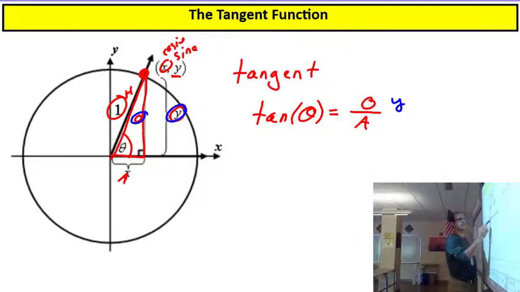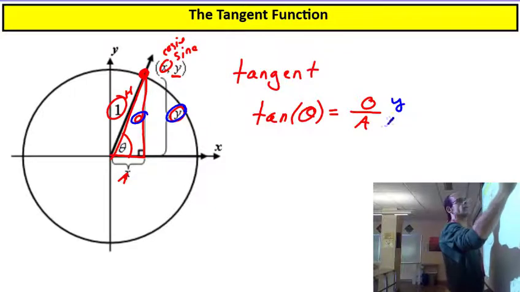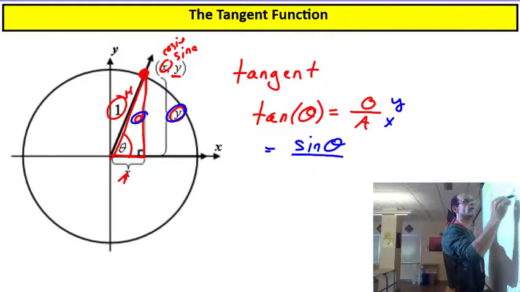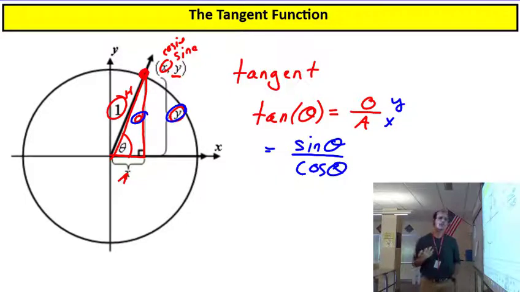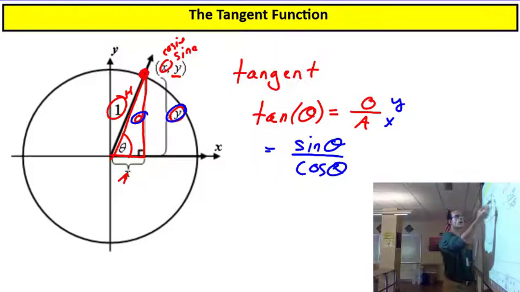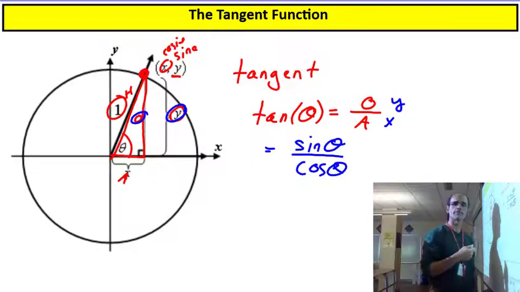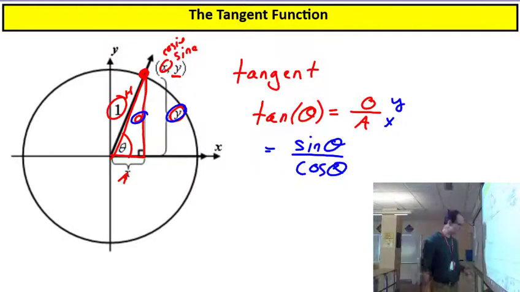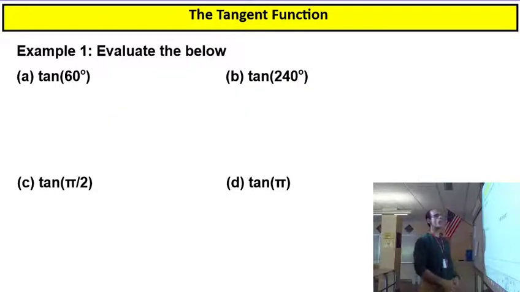When we're looking at the adjacent side, we're looking at the x coordinate. In other words, the tangent is the sine of the angle divided by the cosine of the angle. So you can think of tangent in a couple of different ways now. You can think about it as y over x. You can think about it as sine over cosine. And really, that's just about it. Let's go ahead and do some problems and see how we use it.